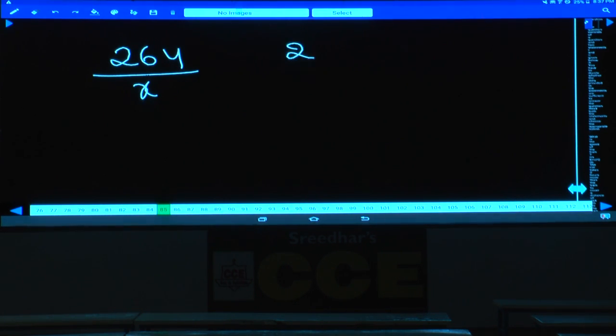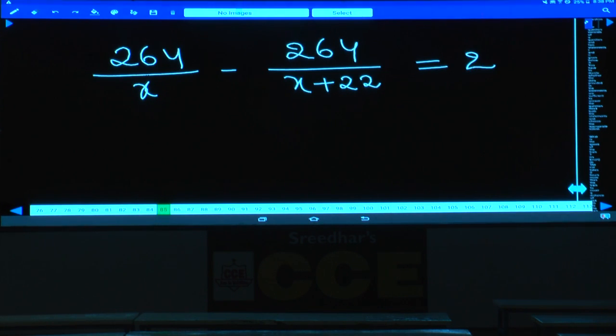And the time to cover 264 kilometers by train, where train speed is 22 km per hour more than car speed, that means x plus 22, correct? Am I right? First one is time taken by the car and the second one is time taken by the train. And your first information says the car takes 2 hours more than the time taken by the train. That means the difference of their times is equal to 2.